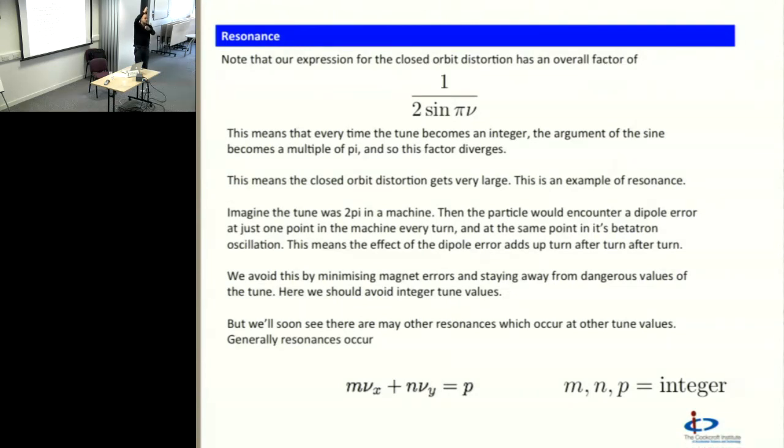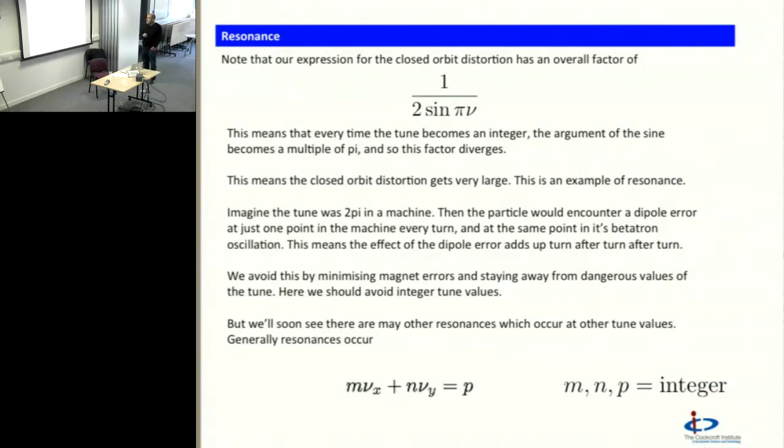So the effect would add constructively, turn after turn, and drive it to very, very large transverse amplitude. That's physically what happens. Mathematically what happens is this guy here diverges. So the effect of the dipole error adds up turn after turn.